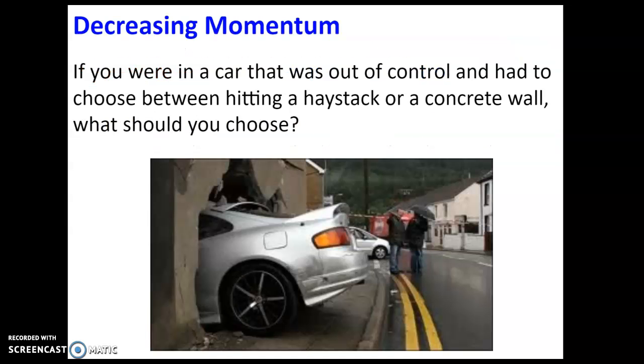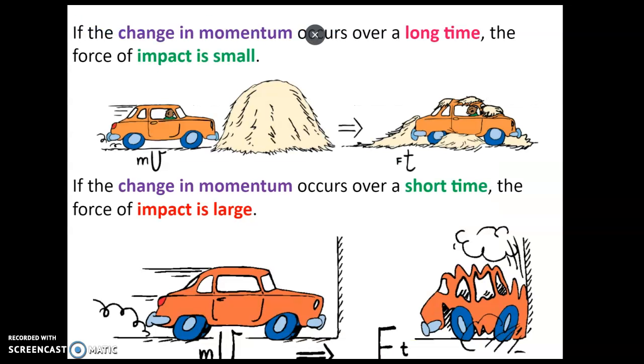So now let's talk about decreasing momentum. If you were in a car that was out of control and had to choose between hitting a haystack or a concrete wall, you obviously want to choose the haystack. The reason is that if the change in momentum occurs over a longer period of time, then the force of impact is going to be small.